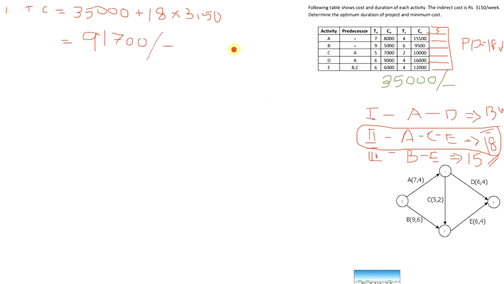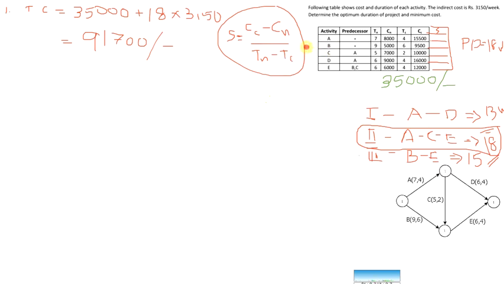To find out slope, we have the equation S is equal to CC minus CN divided by TN minus TC. This is the equation for calculating the crash slope for each activity, where CC is the crash cost, CN is the normal cost, TN is the normal time duration for the activity, and TC is the crash time duration of the activity.